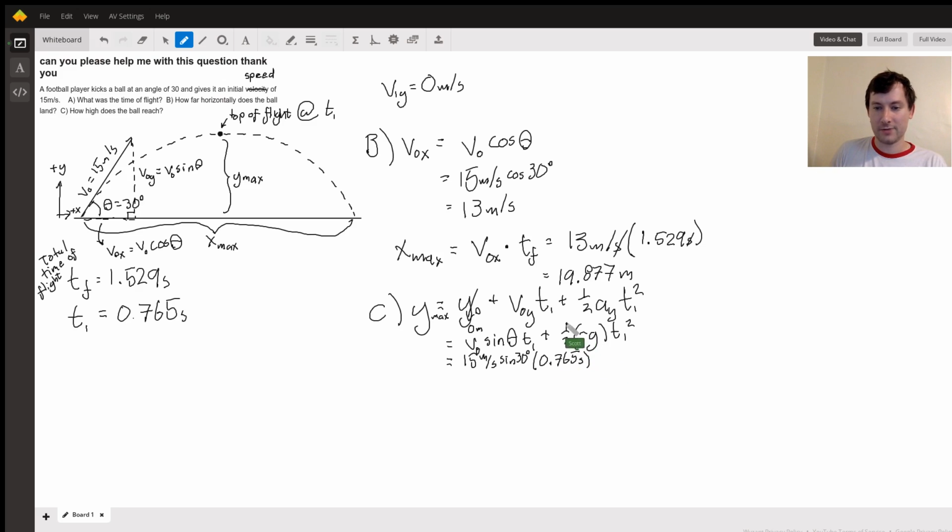And then this minus sign comes out in front, minus 1/2 times 9.81 meters per second squared, times, again, our t1, our time till the top of flight, 0.765 seconds squared. And if you'll permit me, I will do this calculation myself on my calculator. I'm running out of whiteboard space right here.